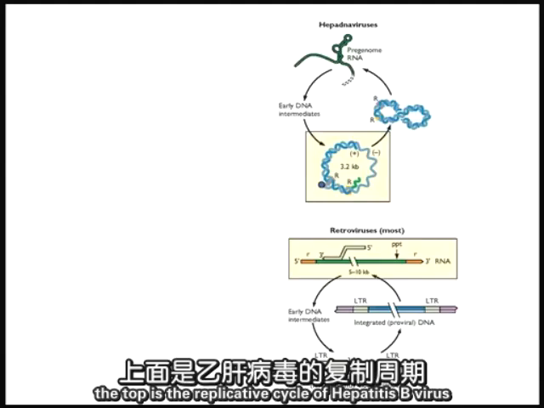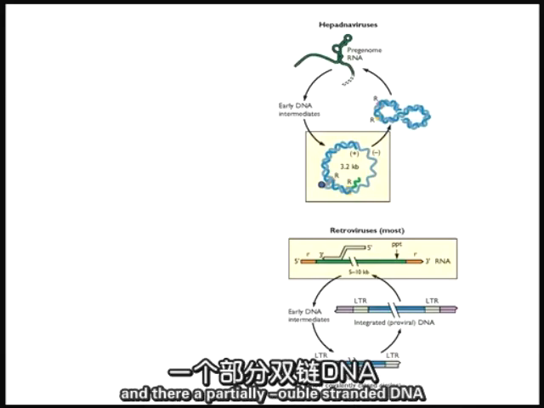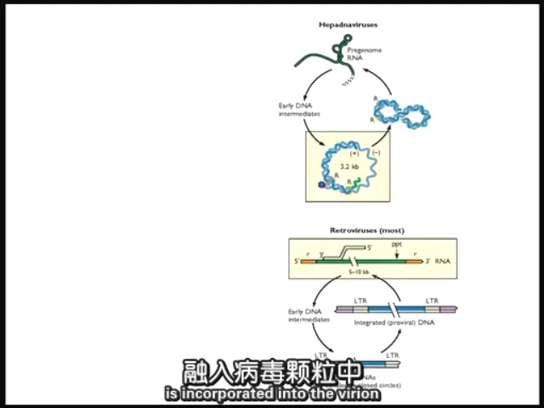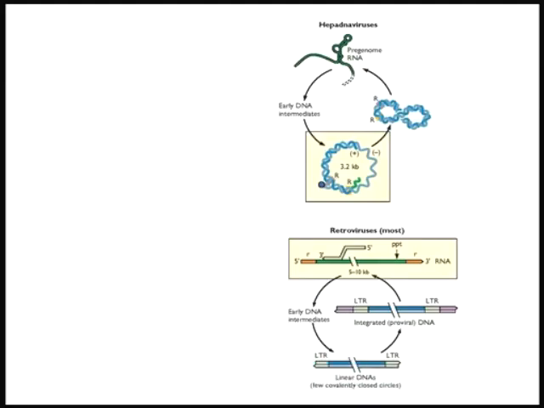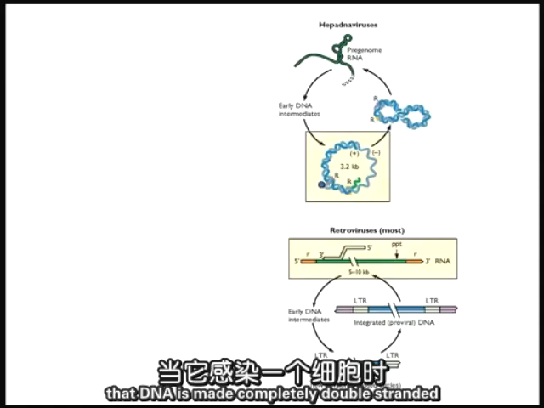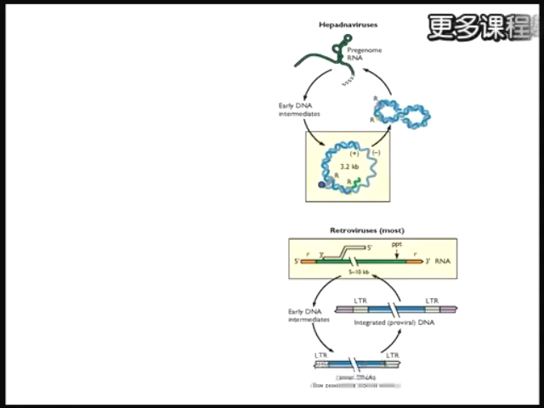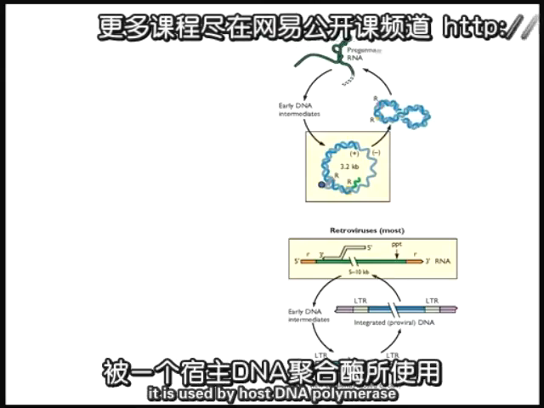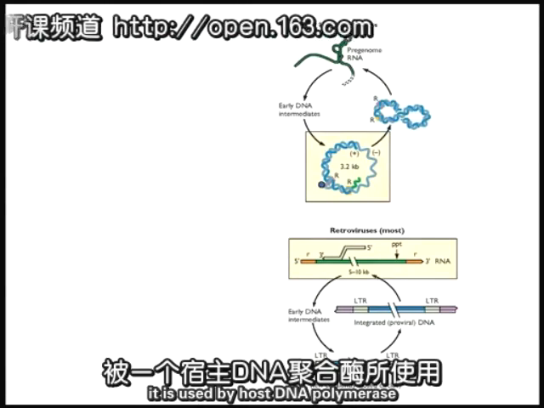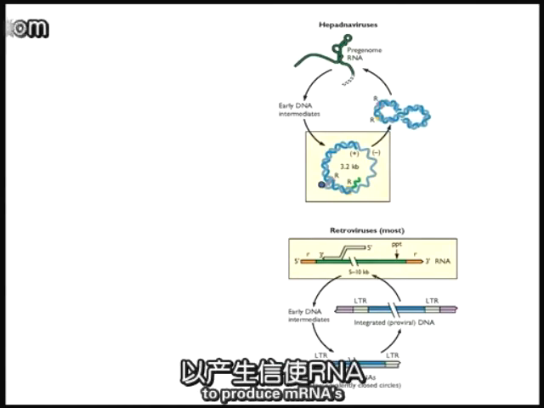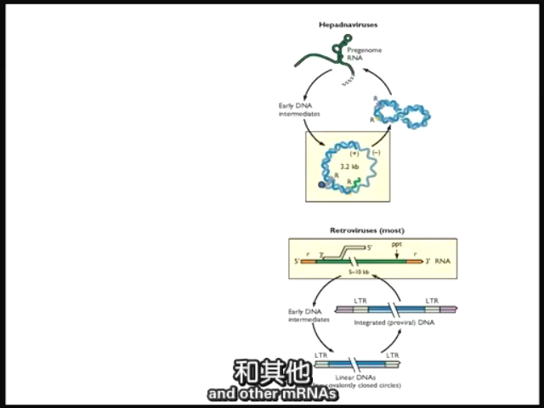The top is the replicative cycle of hepatitis B virus, and there a partially double-stranded DNA is incorporated into the virion. That DNA is made completely double-stranded when it infects a cell. It's used by host DNA polymerase to produce mRNAs, the pregenome RNA and other mRNAs.